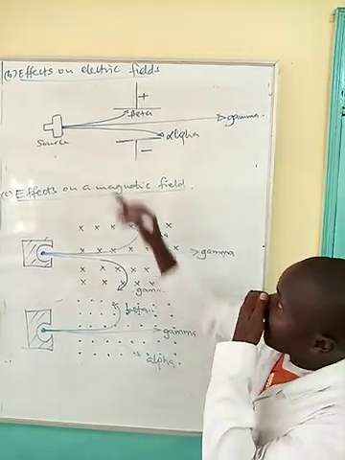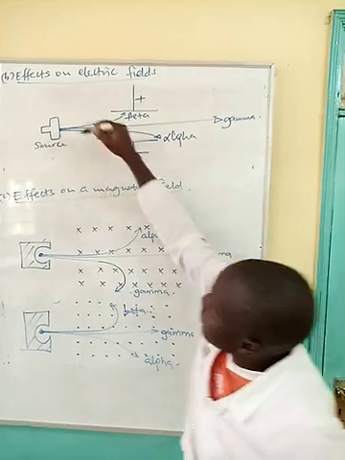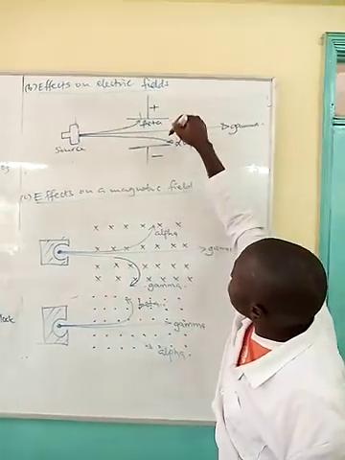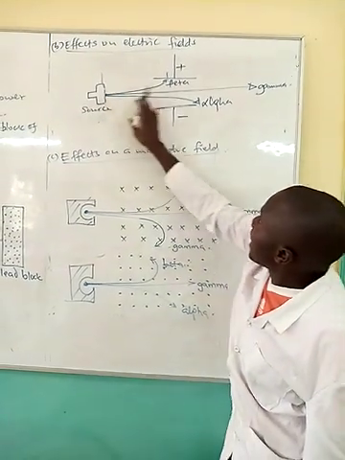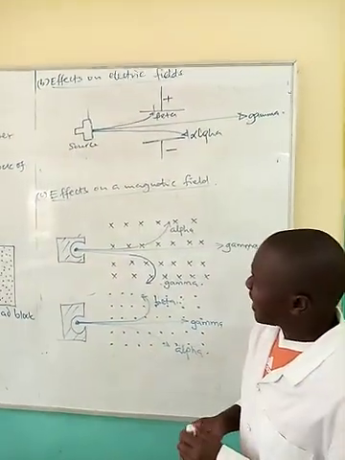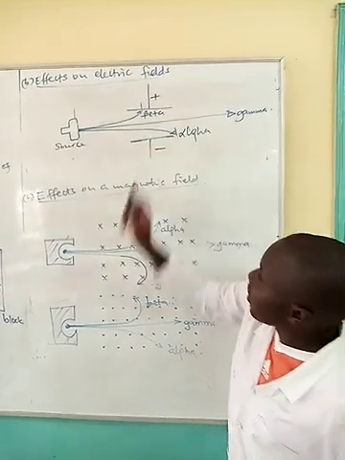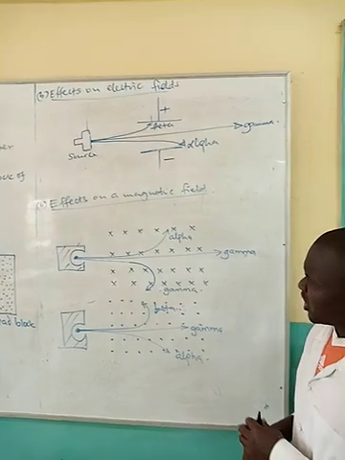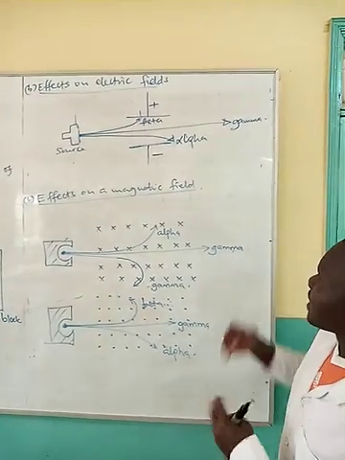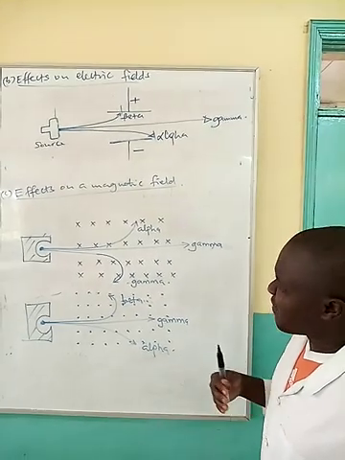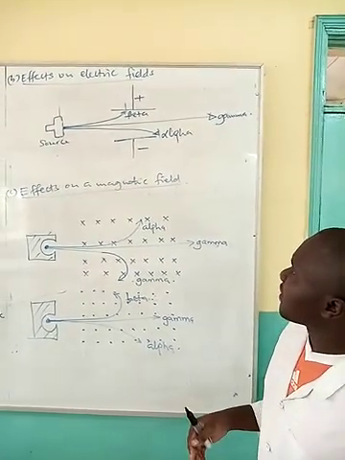And from that diagram, also look at the range from the source to this point, compared to alpha. You see alpha is slightly longer. Yeah, alpha is slightly longer, and that's what we are talking about, having short range in air, because they are heavier than that.